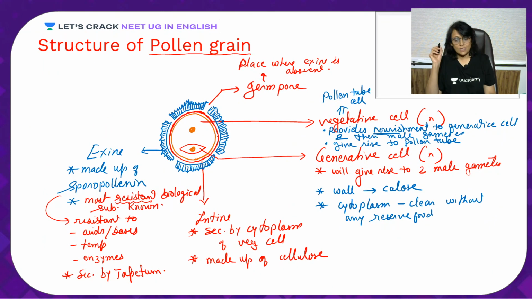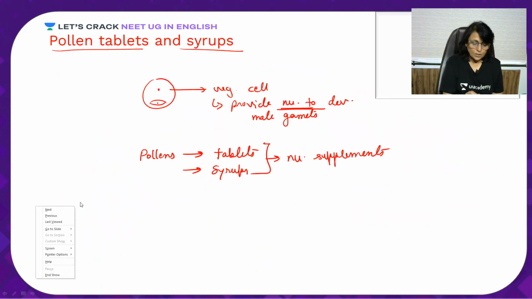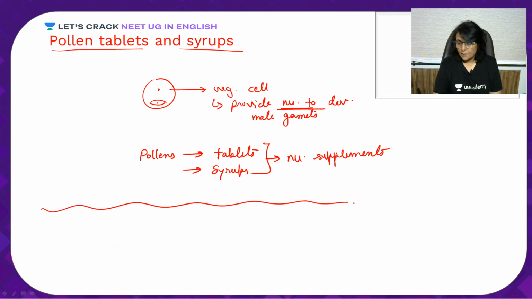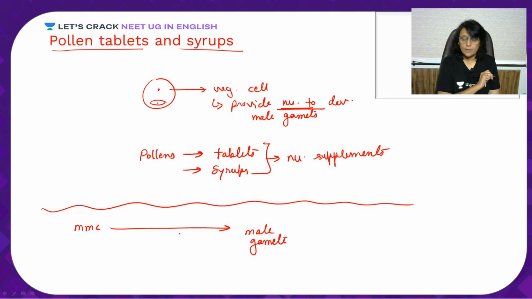Now if I ask you a question here, from microspore mother cell to formation of male gamete, how many divisions are required? From microspore mother cell, which is diploid, to male gamete, which is haploid, how many divisions are required?